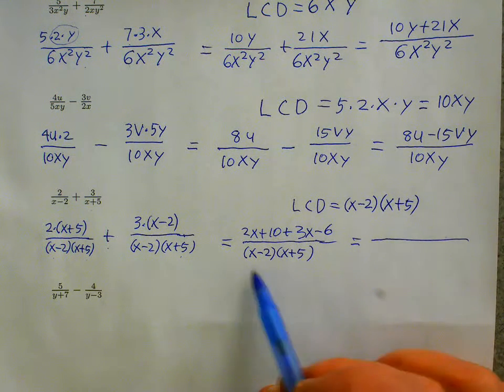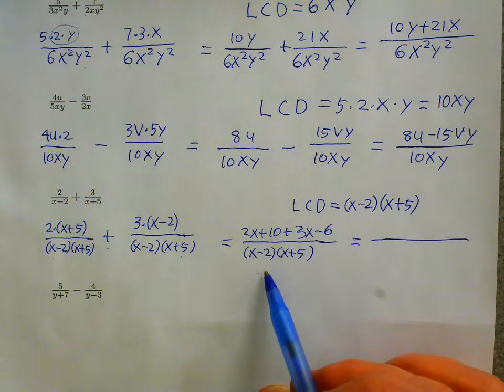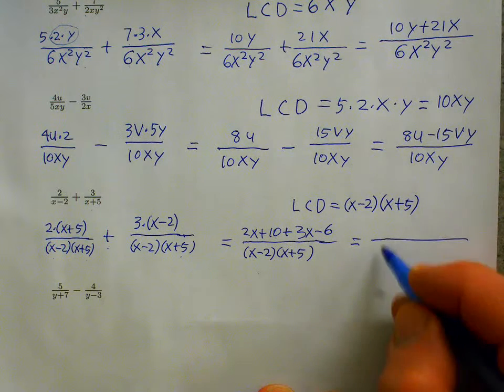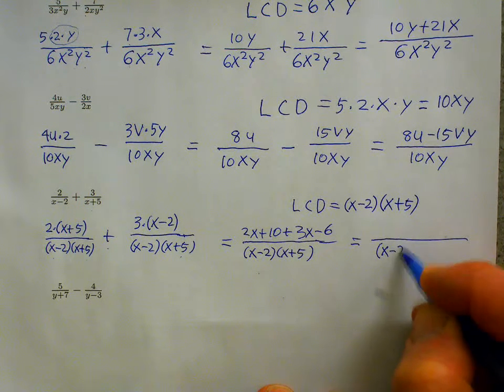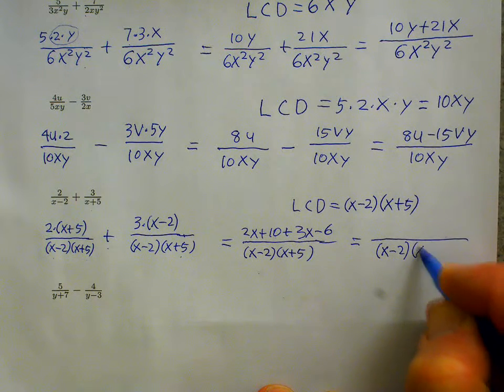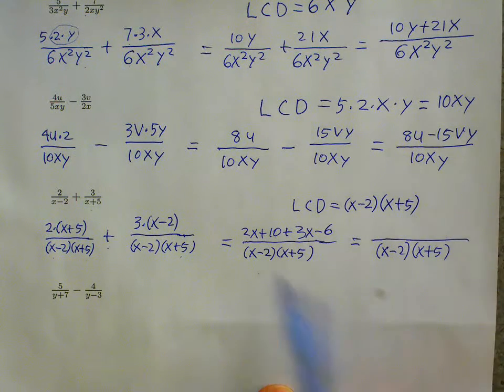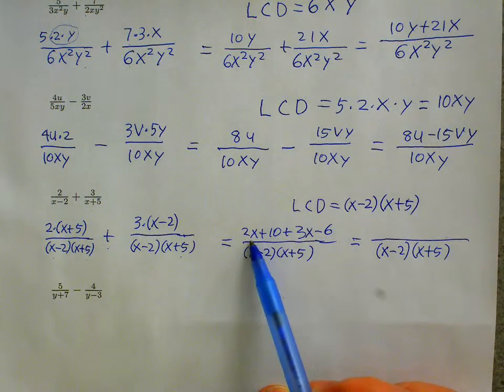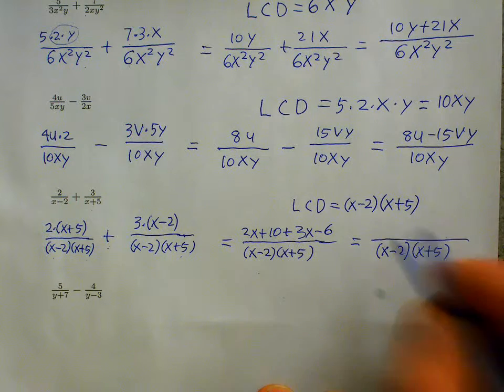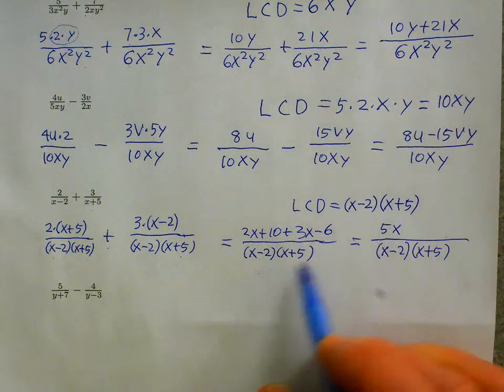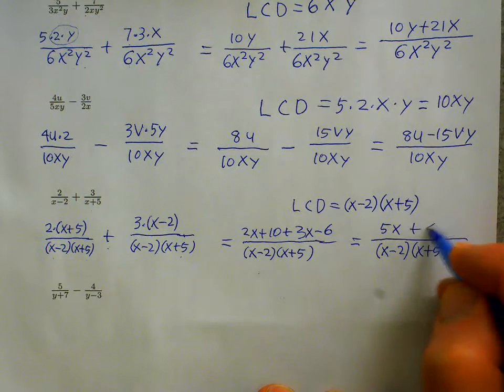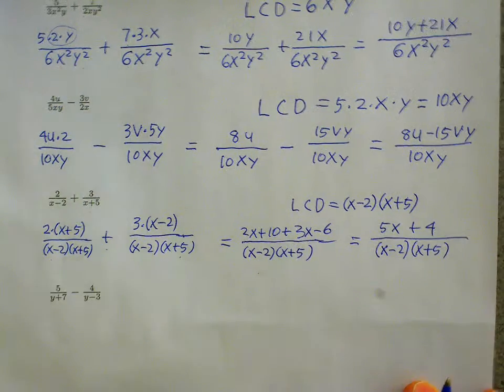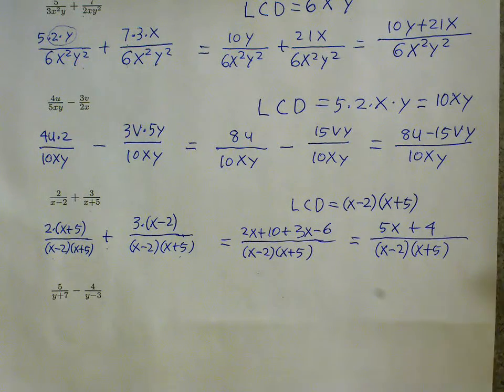So if you're taking a written quiz or a written test, you can leave the denominator in factored form if you want, x minus 2 times x plus 5. But then simplify the numerator by combining like terms. 2x plus 3x is 5x, and plus 10 minus 6 is plus 4. So that is our simplified result.